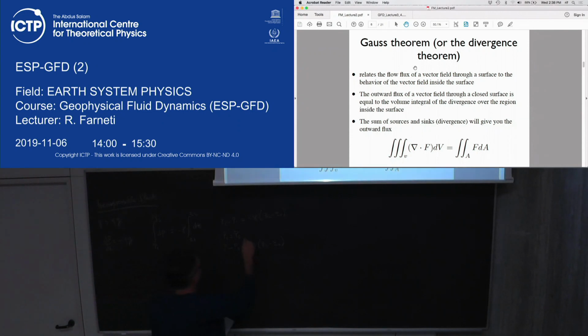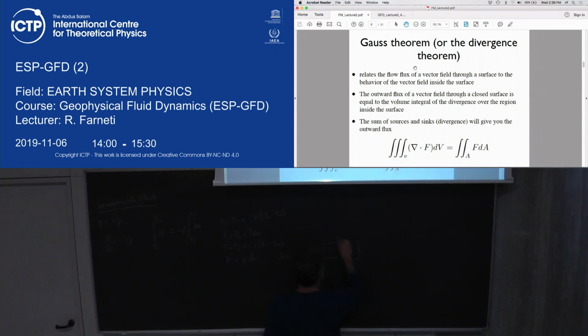So P naught, for example, can be the atmospheric pressure at the surface, and that is going to be my reference. If that's my reference, then I have P equal to gamma H, where H is Z2 minus Z naught, the height of my fluid. There's a switching sign because I'm talking about liquid and I'm thinking about the ocean.